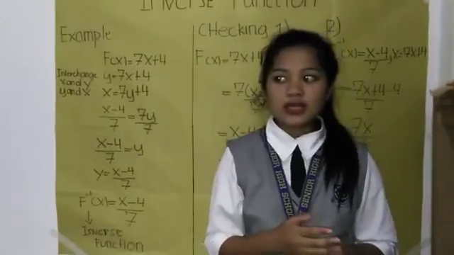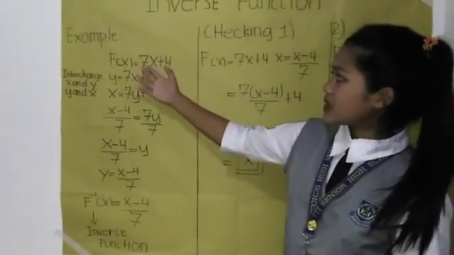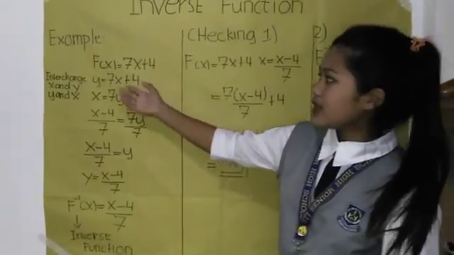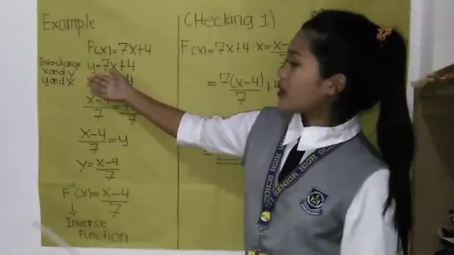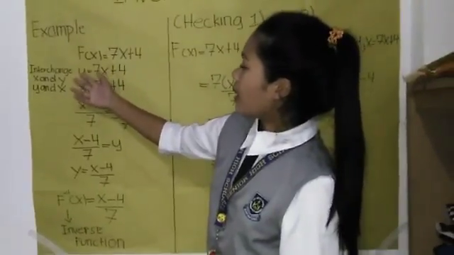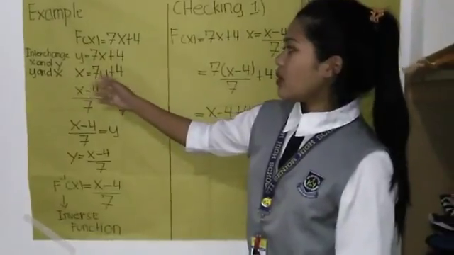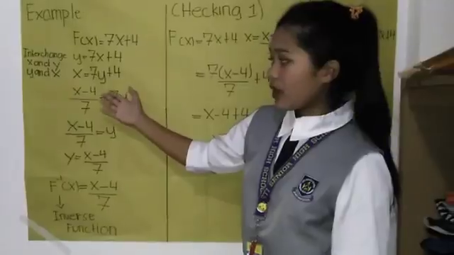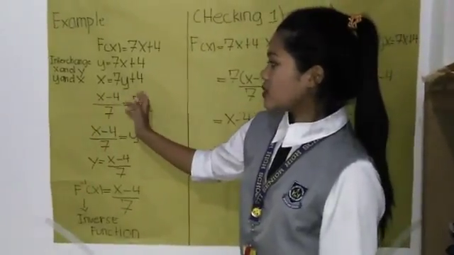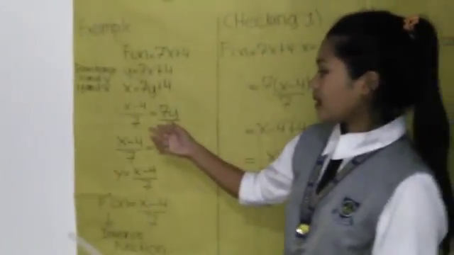So, okay, this is the example. The first example is f of x equals 7x plus 4. Then, interchange x and y. So we write here y equals 7x plus 4 and x equals 7y plus 4. So x minus 4 over 7 equals 7y over 7.